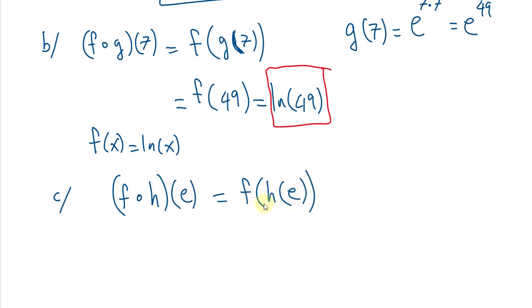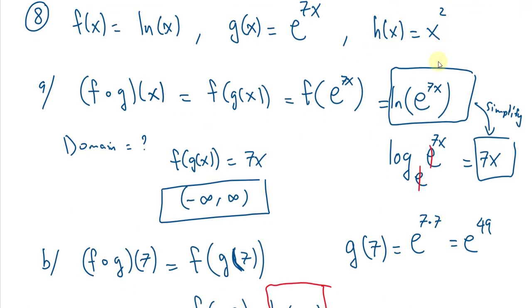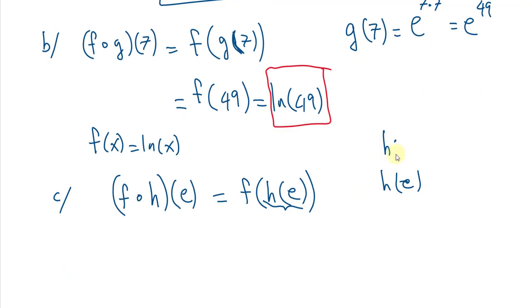First, I need to figure out what is h of e. I know that the h function is x squared, h of x is x squared. So h of e is e squared.